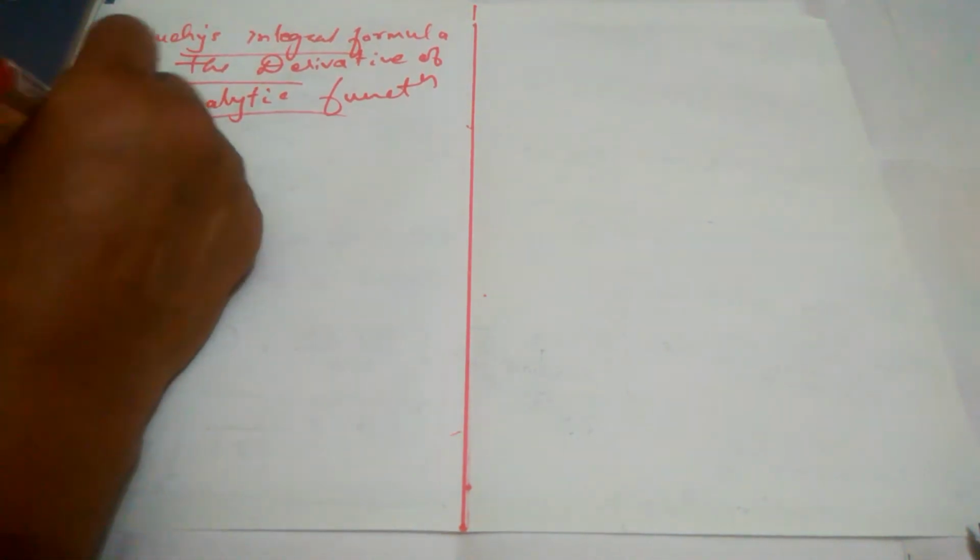So let us write the statement for this first and then we'll start the proof. It's just a 2-line proof as we are having the Cauchy's integral formula. So what is the statement?